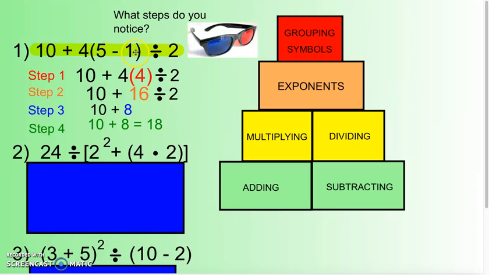So we're going to do 5 minus 1, and that's where the 4 comes from. And there are no other grouping symbols, so we're done. So the next step, and I'm going to actually put a check, exponents. Well, I don't see any powers, so I can skip this part. And there are no exponents.